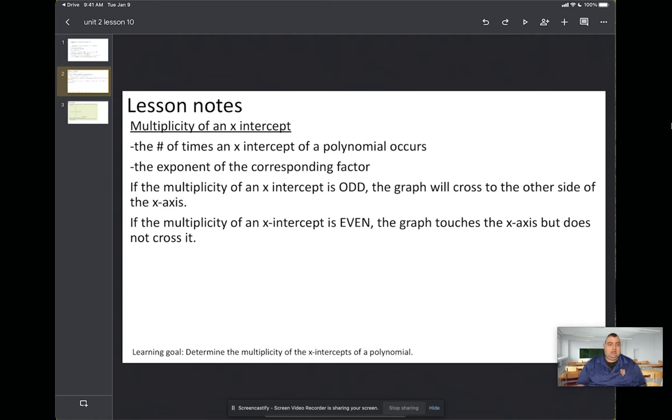In other words, it will touch the X-axis, but it will not cross to the other side. So it's still considered an X-intercept because it touches the X-axis. It just doesn't cross over to the other side. So it has to do with the multiplicity being odd or even. If it's odd, it will cross to the other side. If it's even, it will not cross to the other side.